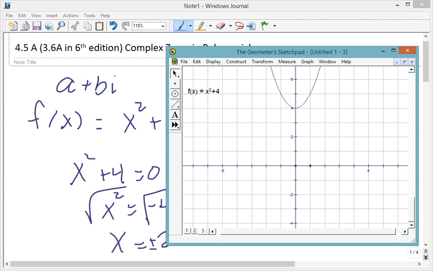So this is the graph for x squared plus 4, the one we just solved. And you notice that it never crosses the x-axis, right? So there's no x-intercept. Well, if there were an x-intercept, we wouldn't have imaginary zeros. We would have real number zeros at the real number where it crossed. The only time we get imaginary zeros is when it doesn't cross there. Okay?